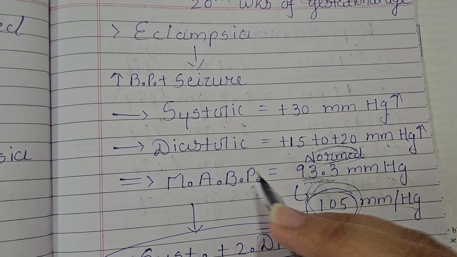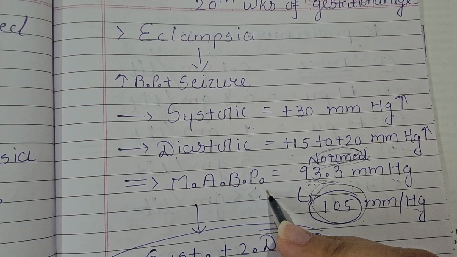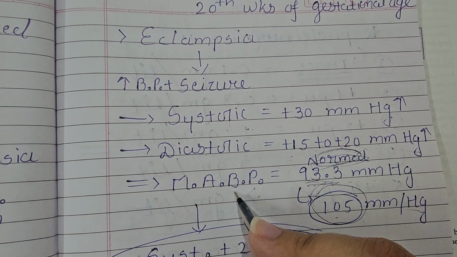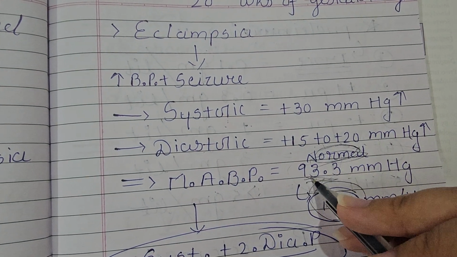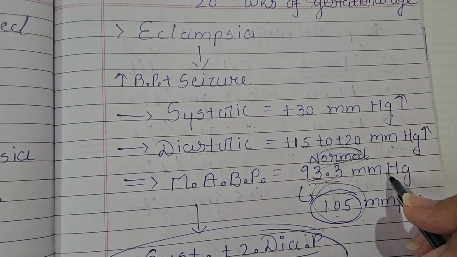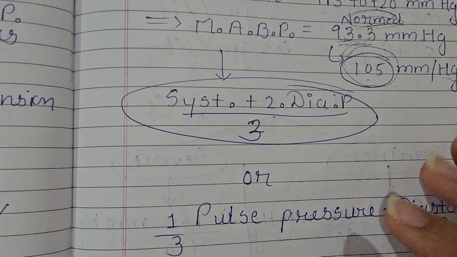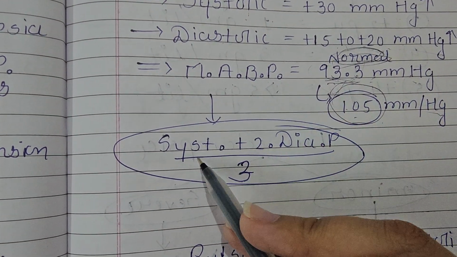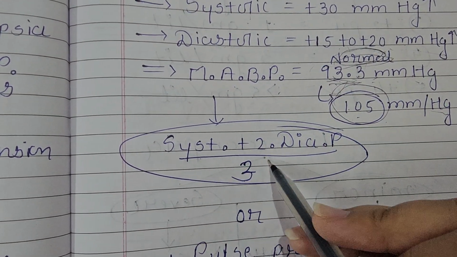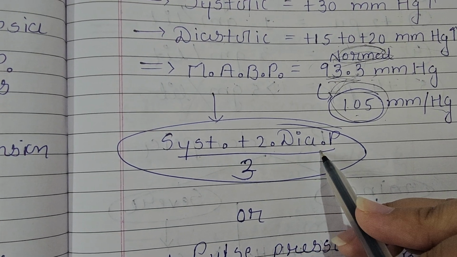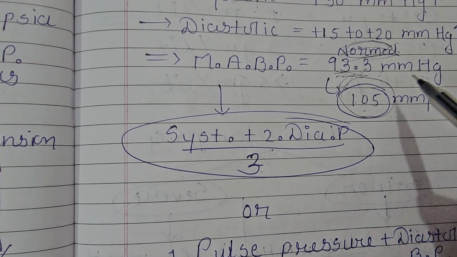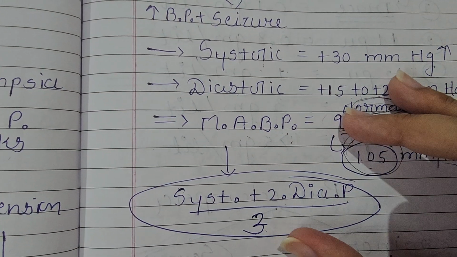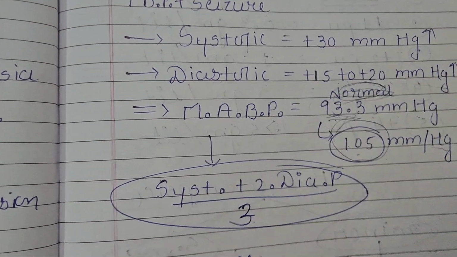Okay, so in preeclampsia, systolic rises by up to 30 mmHg, diastolic by 15 to 20 mmHg, and mean arterial blood pressure up to 105 mmHg. In normal condition, mean arterial blood pressure is 93.3 mmHg. How can we measure mean arterial blood pressure? Systolic blood pressure plus 2 into diastolic blood pressure, upon 3. That's the formula of mean arterial blood pressure.